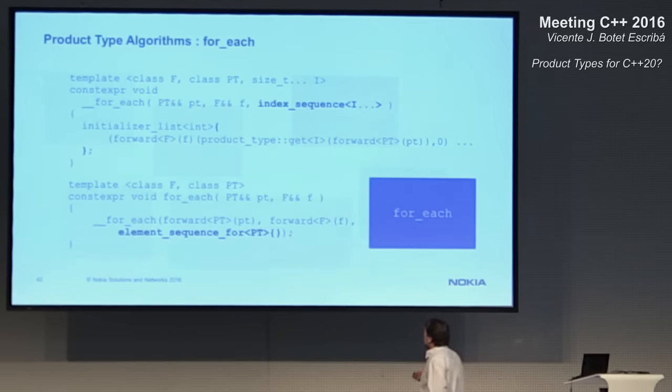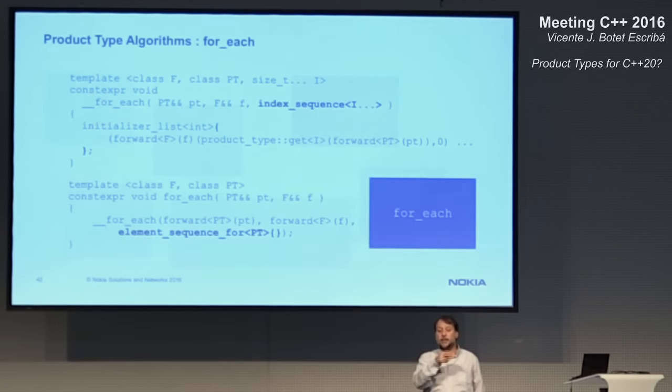Okay, the same thing, the same structure always in order to work with this kind of types, product types. We define a function for each, and we forward to an auxiliary function given the indexes of this product type. And we use some kind of expansion here. Here, for example, for each, what I would expect is that the application is done in a specific order.